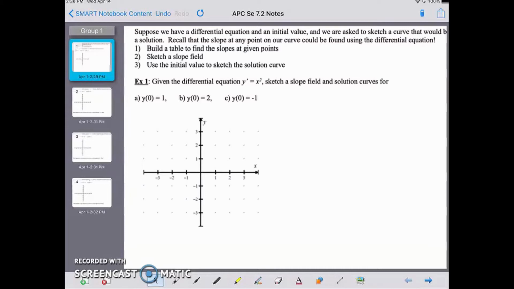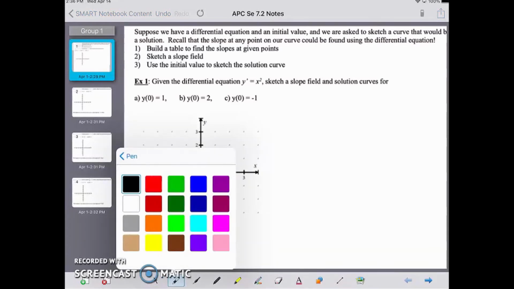So the first thing that I want to point out about our first example here is that y prime is equal to x squared, right? So our slopes are going to depend only on the x values of our ordered pairs. So right here, I'm just going to kind of point that out.